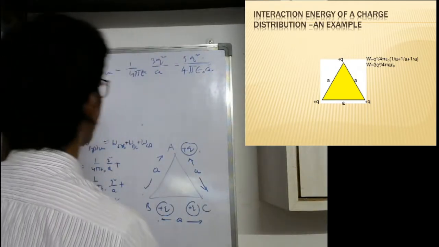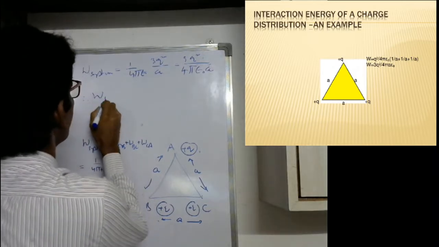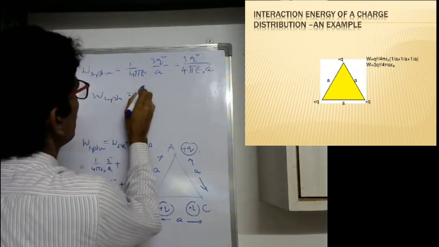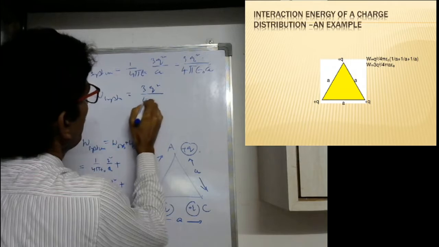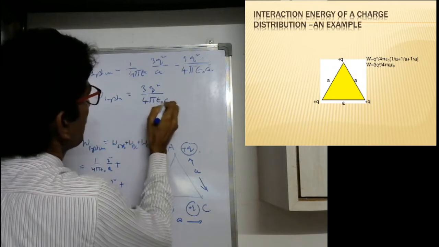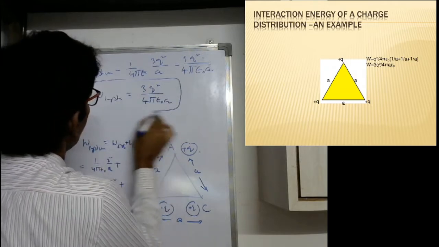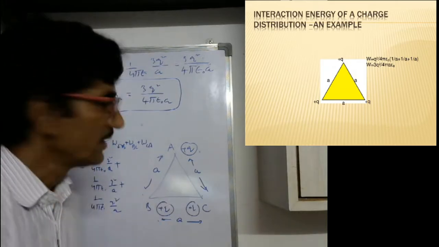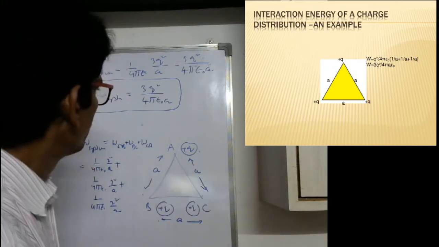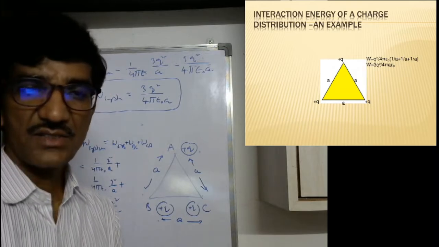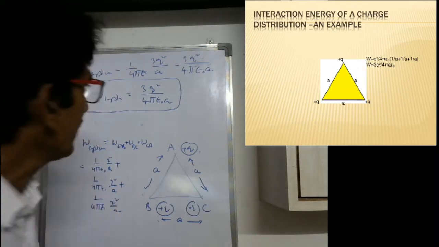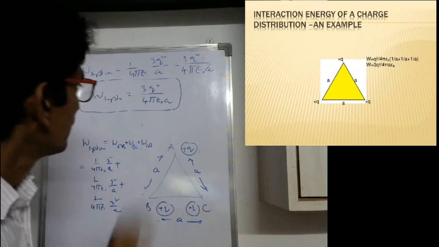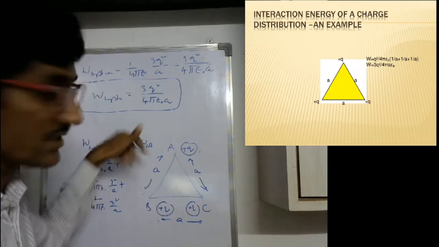This is therefore the interaction energy of this simple system: 3q square by 4 pi epsilon naught a. Here, this 3 represents the 3 charges.